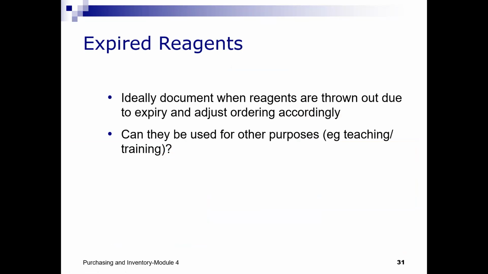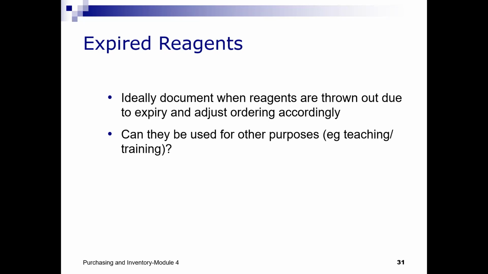Another issue that comes up is expired reagents. If you're not going through them fast enough, you should be documenting that and then adjusting your ordering. Again, that's a good reason to have an annual revisiting of all of your ordering and inventory, because then you can look back and say, oh, looks like we threw out a lot of our reagent X because they're expired.